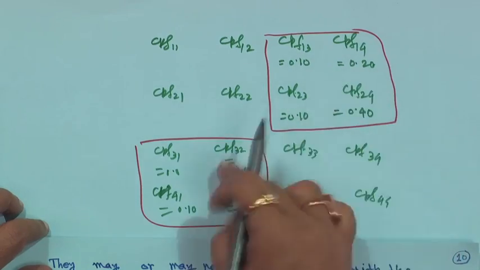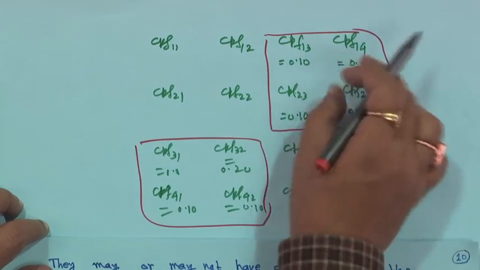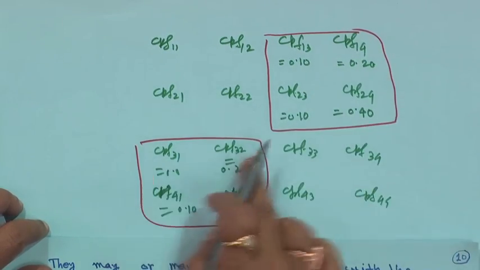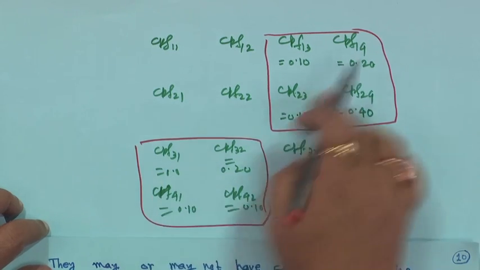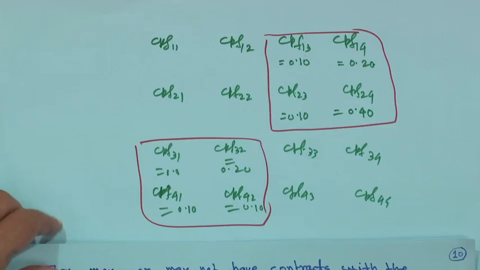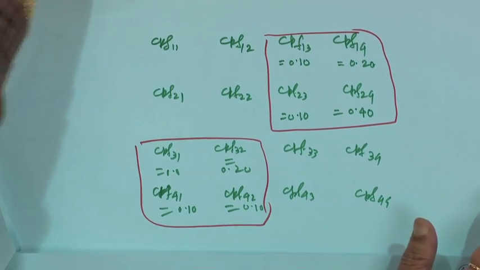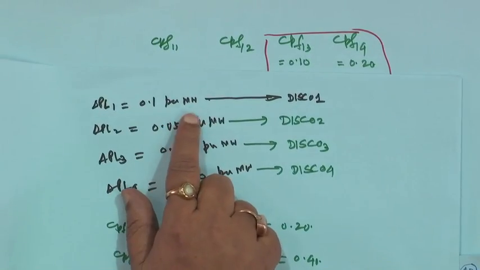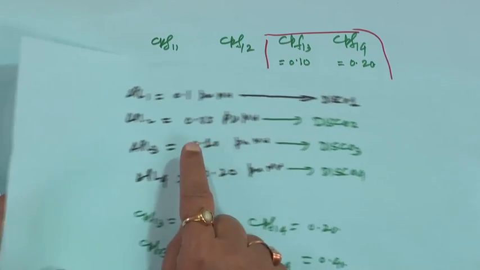But the off-diagonal ones, that is 13, 14, 23, 24 and then 31, 32, 41, 42, will come into the scheduled tie-line power flow equation, right. And delta PL1 is 0.10, this is the data we have taken.